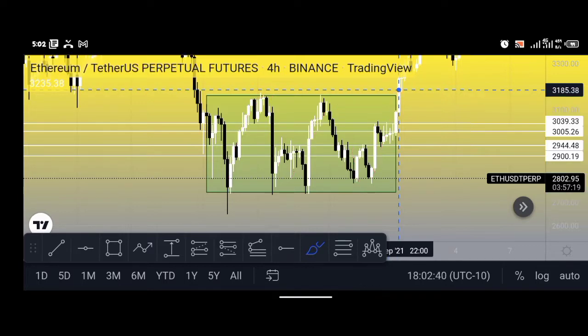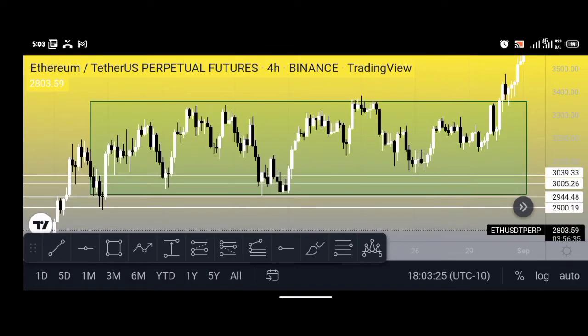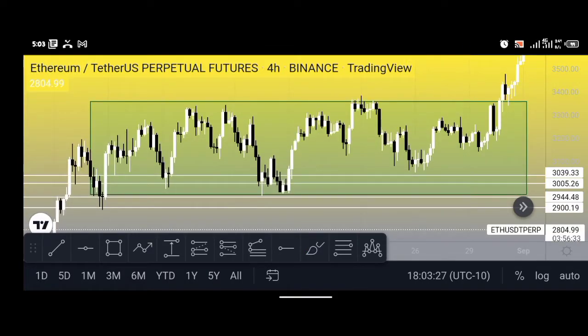And let me show you another type of ranging market. Let me show you another example. This is another example of a ranging market.